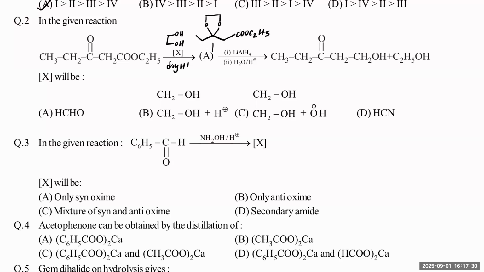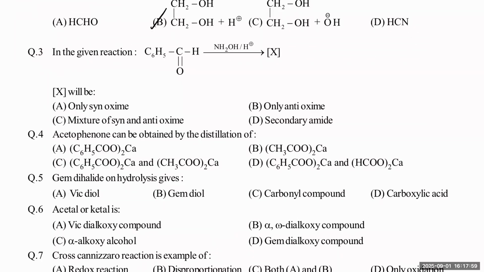Okay, so this is compound A. Now when you reduce with lithium aluminum hydride, only the ester part will get reduced into alcohol, but this part does not get reduced. But thereafter, when you hydrolyze it, this part will come back as ketone. Okay, clear? Right, so that's how you will get this, which is B.